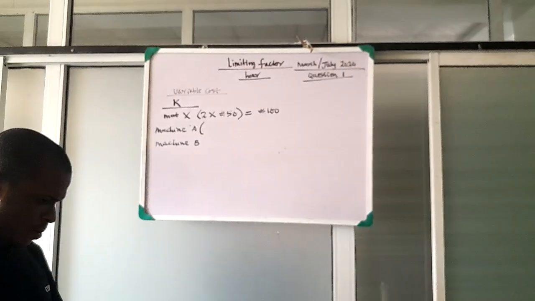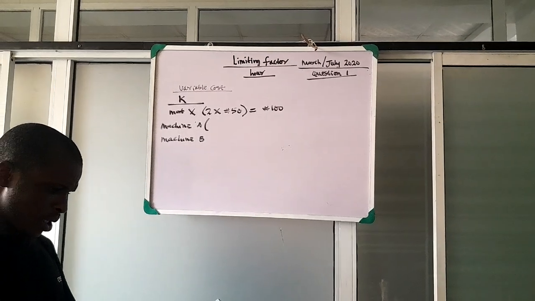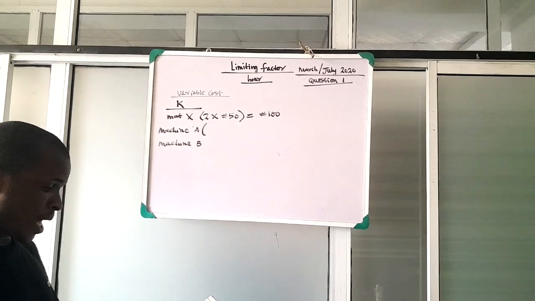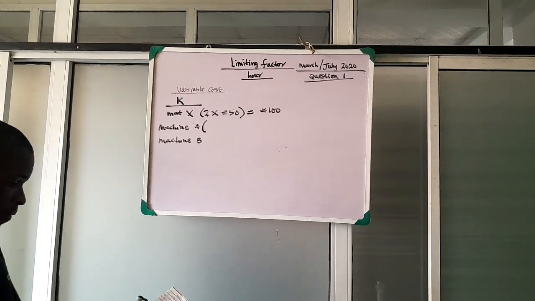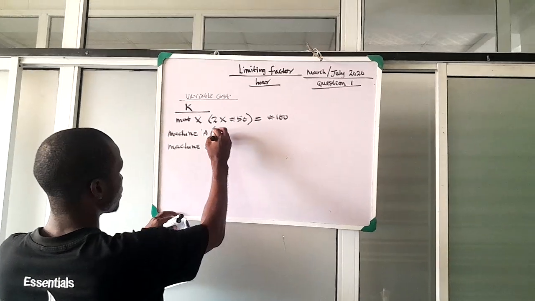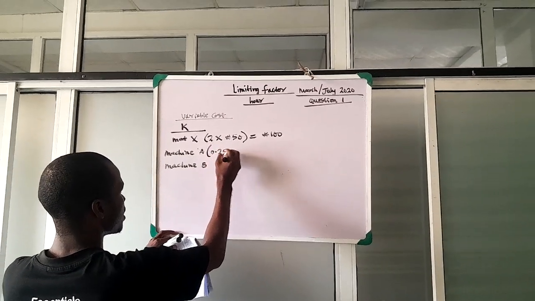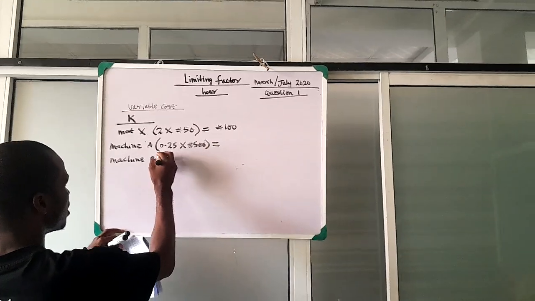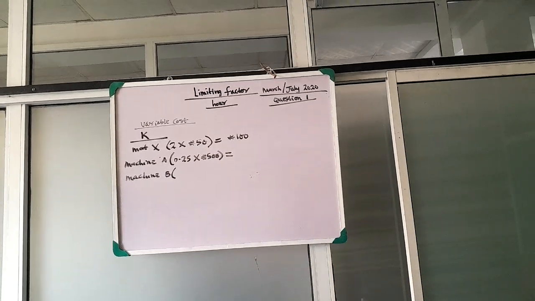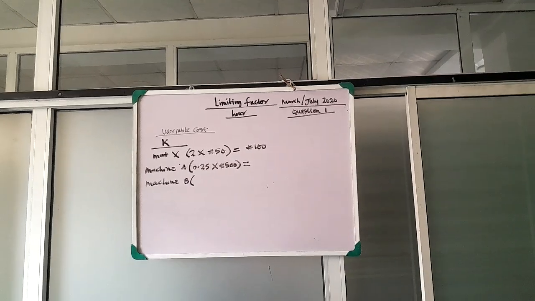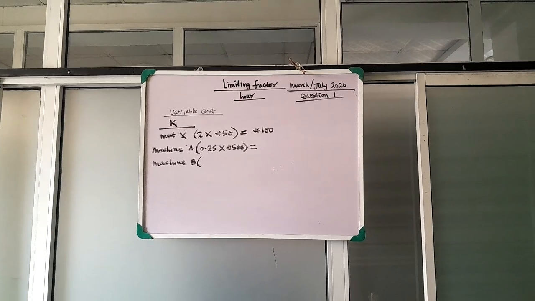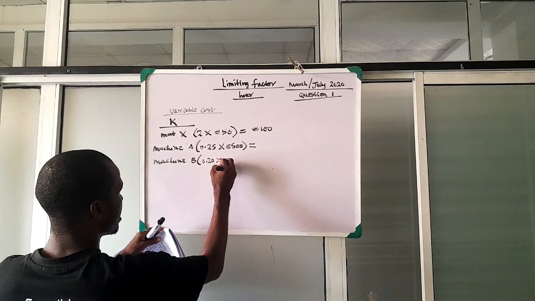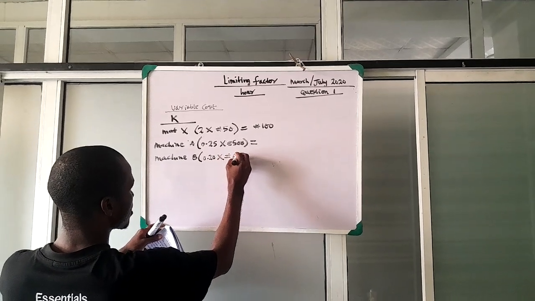For line A, we have 0.25 under K, 0.25 multiplied by 500. Then for line B under K we have 0.20, 0.20 times 600.